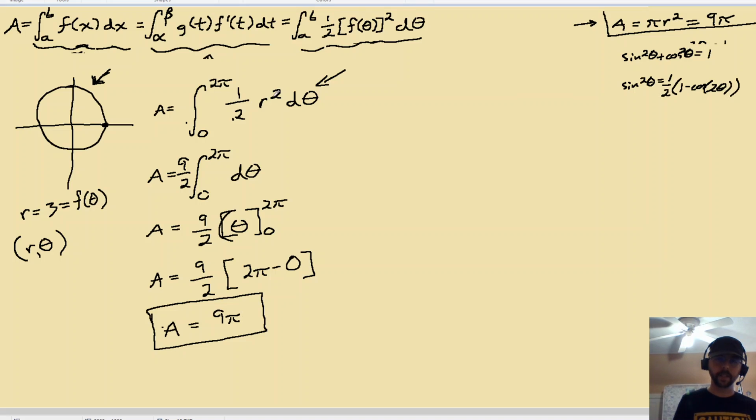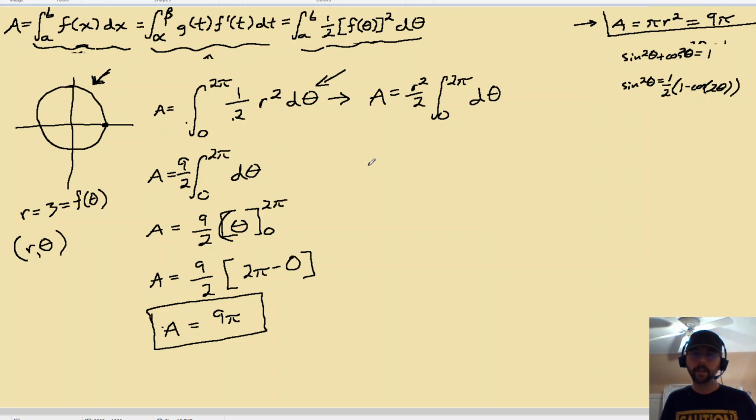So if we treat r as a constant, but integrate this without plugging in 3, we're going to have area equals r squared over 2 times the integral from 0 to 2 pi d theta. Area equals r squared over 2 times theta, evaluated from 0 to 2 pi.